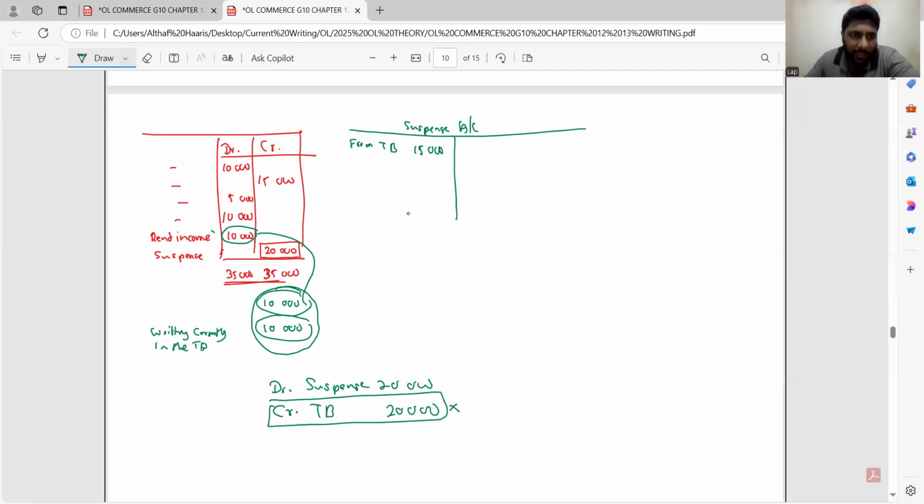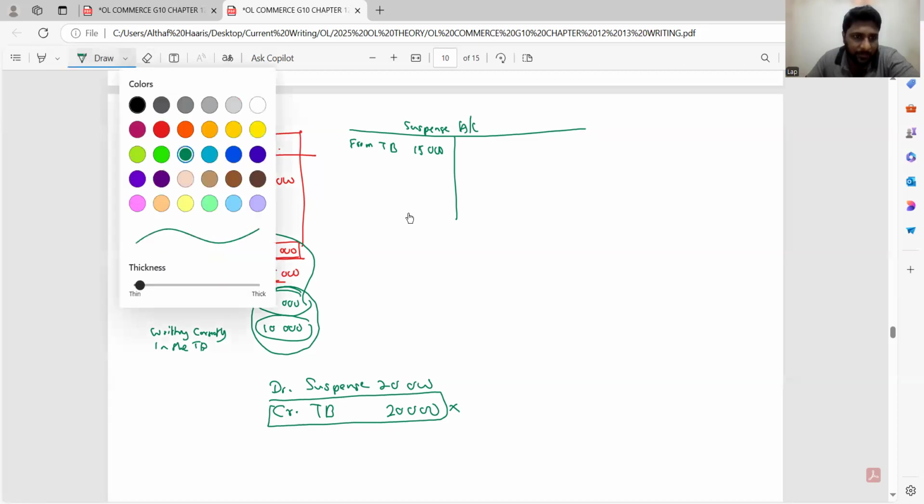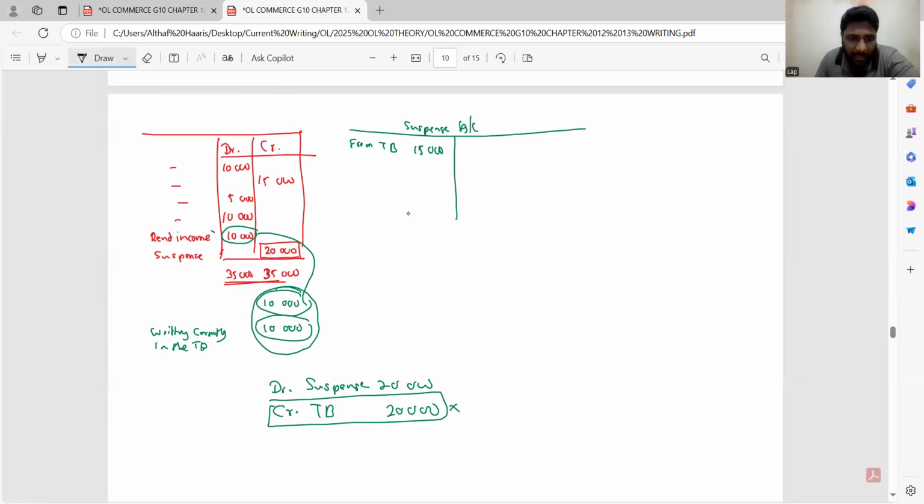So if you record it in the trial balance, you will record the 20,000 in the credit side. And the remaining 20,000, you will put to the debit side of the suspense as the first correction. But you don't write the complete thing in the general journal.